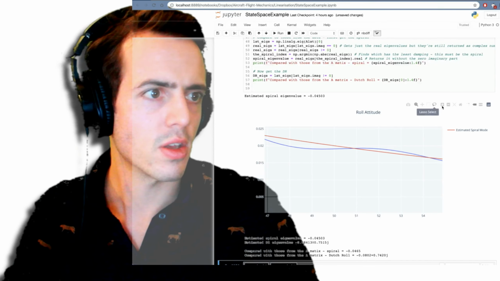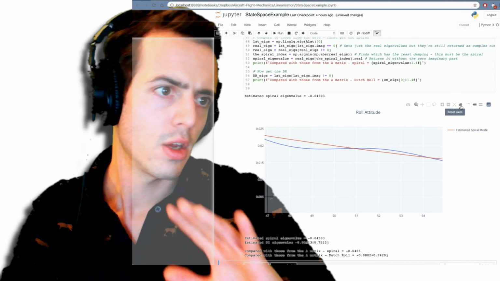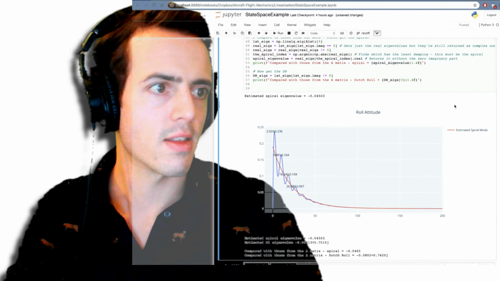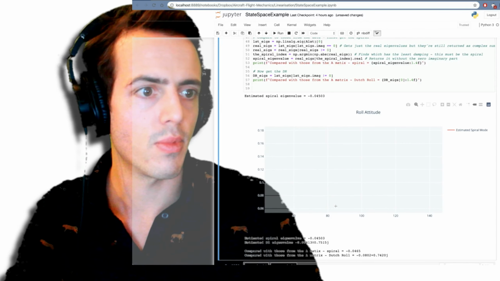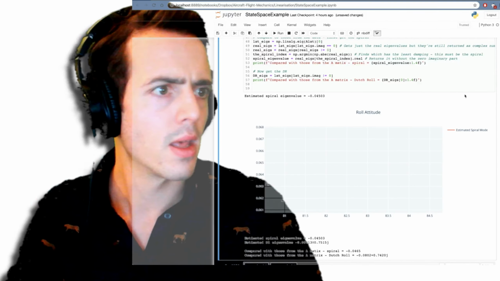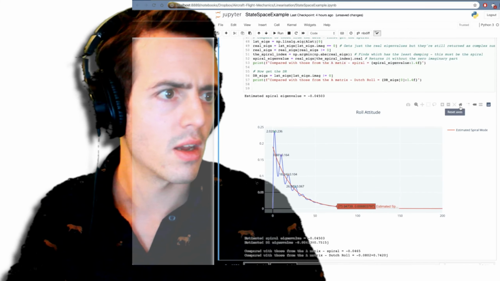I'd maybe even have a think to try and zoom into the graph somewhere where we can see that the Dutch roll mode is completely not present in the data or reduced further. Oh, have I lost all my graph there? Let's reset.